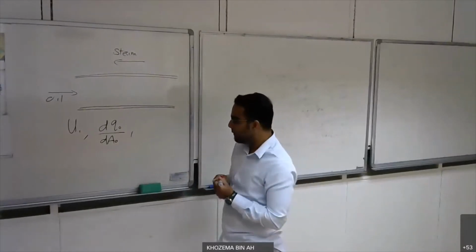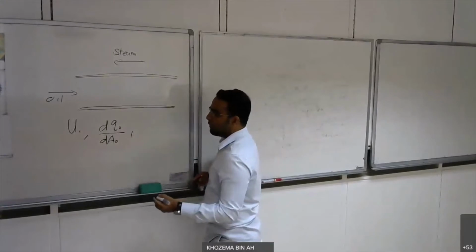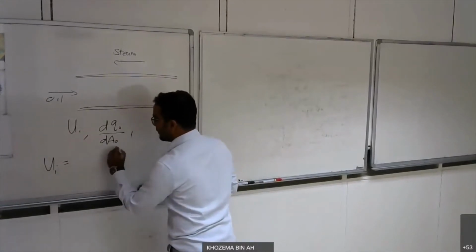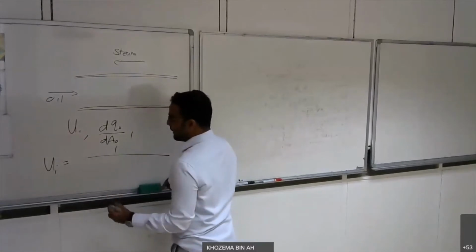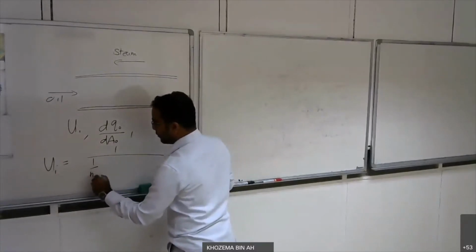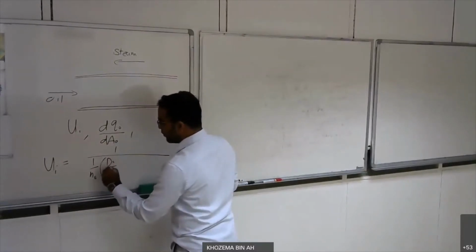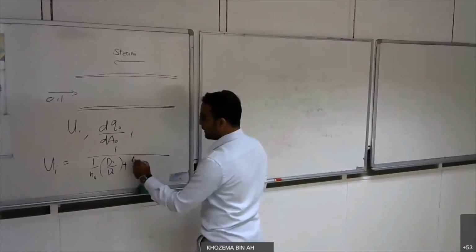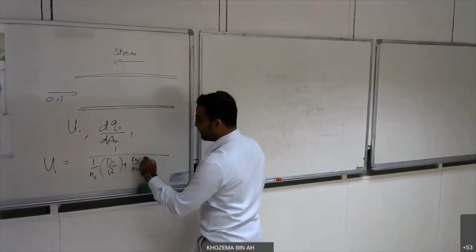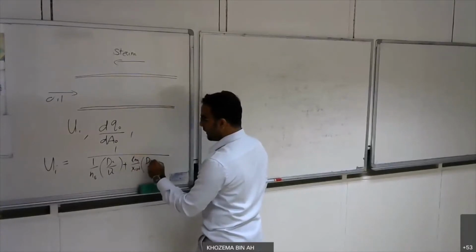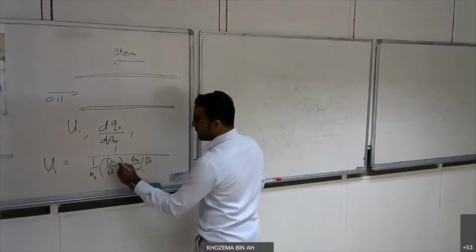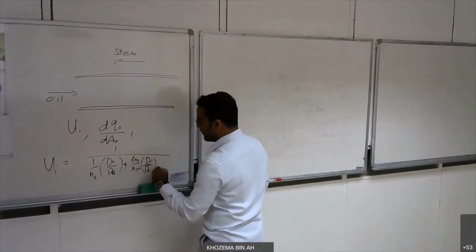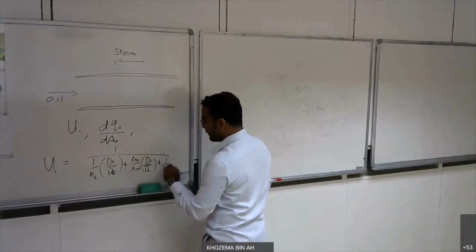So if you remember the equation for Ui, I don't actually remember the whole equation, but I think it is something like this: 1 over Ho times dO over dI, plus, I think, xw dI over kw dL, plus 1 over Hi.